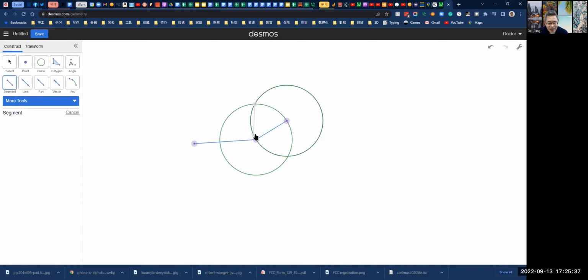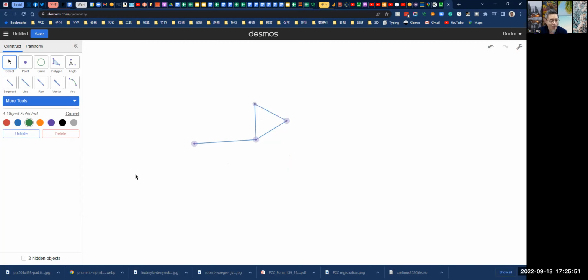And that proposition is proven, so we can use it. Now, once we made it, we can hide those circles, which just help us do the construction. Then we're going to use this point as the center of a circle and use this as the radius.